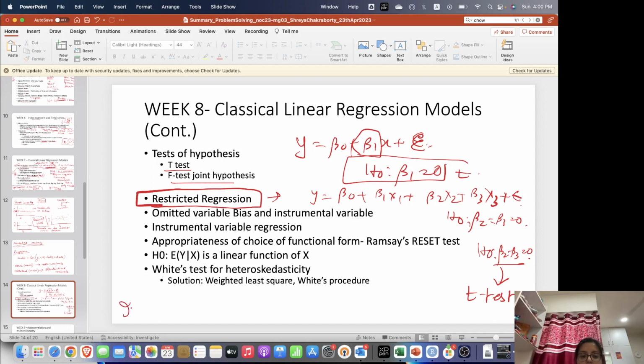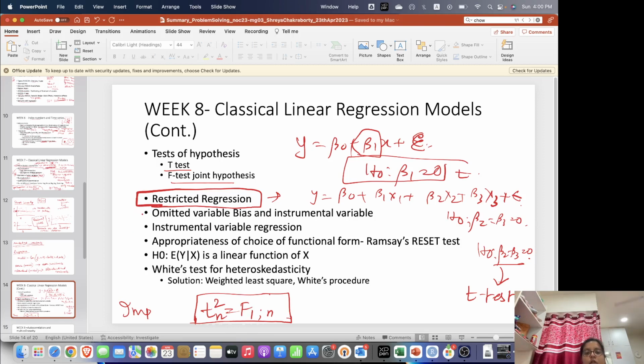An important identity is that t squared equals F. So t squared with n degrees of freedom equals F with 1 and n degrees of freedom. This is an important relationship between the t random variable and an F random variable.